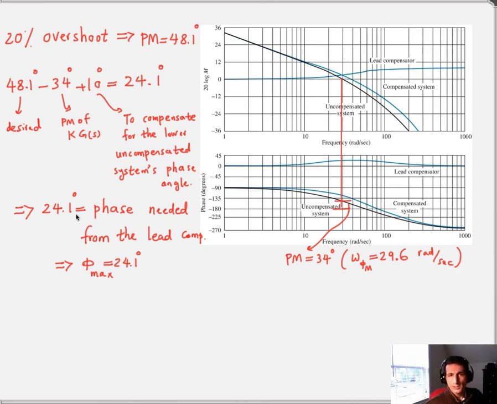So really what you need is a lead compensator that provides you with a phase angle of 24 degrees at a maximum frequency, I mean phase margin frequency. To follow our terminology, our phi max, which is the maximum phase angle of the lead compensator, would be 24.1 degrees.